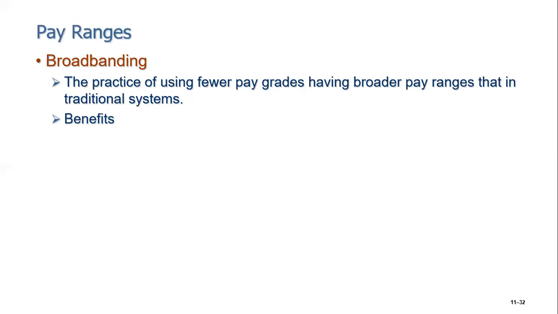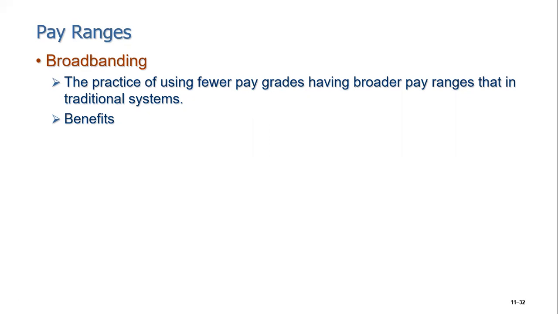What we do in broadbands is use fewer pay grades. You determine only a maximum, a minimum and a midpoint, and you create a group of jobs that are similar in nature, with grade ranges from grade 1 to grade 5 or 7.